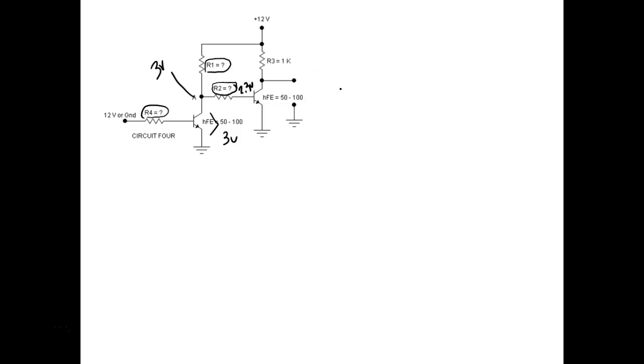Right. Okay, so where do we go from here? How can we find IC? So we can come over here if this is a saturated switch. This is not a saturated switch, guys, but it's controlled in our saturated switch, right? Y'all understand that? Yes or no? Huh?